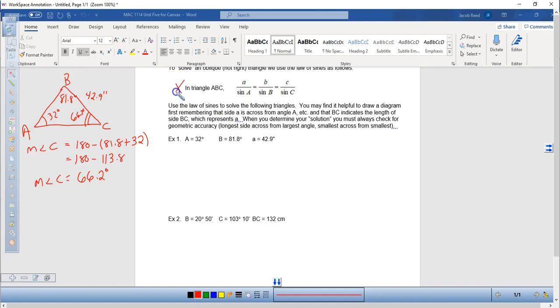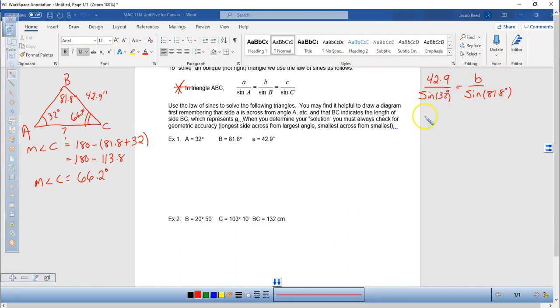For this, we're going to use law of sines. I'm going to do it over here. I'm going to go with finding side B first. So I've got to do A over sine of A, so 42.9 over sine of 32 degrees is equal to, I don't know what side B is, but I know that I have to do sine of 81.8 degrees.